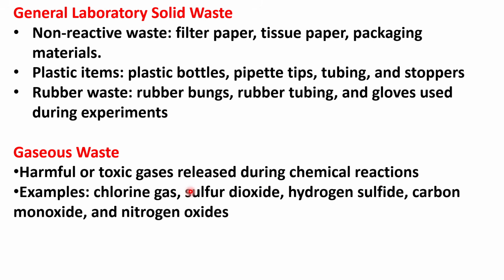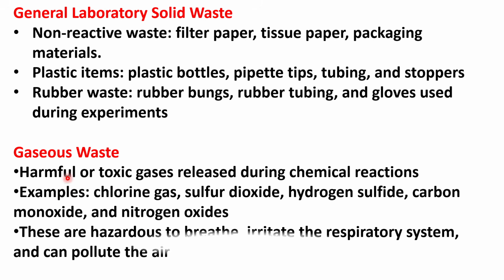All these are examples of gaseous waste. Know the type of waste and its corresponding examples. If not properly disposed of, these are hazardous to breathe. When you breathe them in, they can irritate your respiratory system, the lungs, the trachea, the bronchioles and bronchus, even the alveoli can be blocked by these gases.